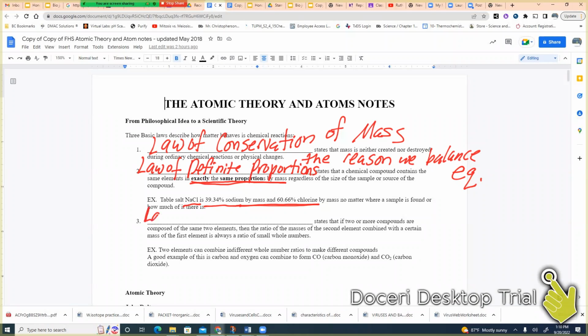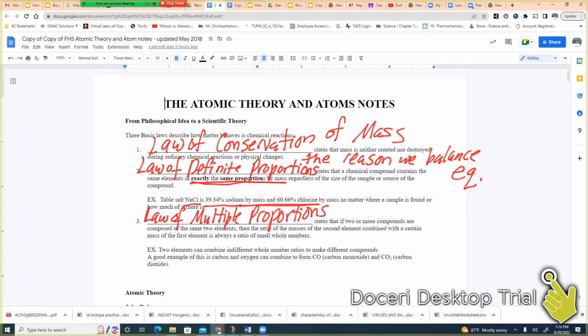And the last one is the law of multiple proportions, which is a lot of words that state something actually pretty easy.